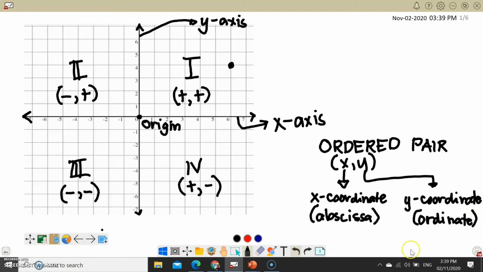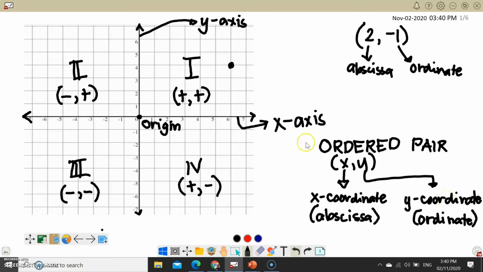The ordered pair that represents a point is called the coordinates of the point. Say for example, we have here (2, -1). 2 here is the abscissa, while -1 is the ordinate. Or we can say 2 here is the x-coordinate and -1 here is the y-coordinate.